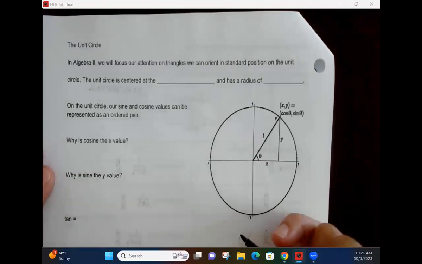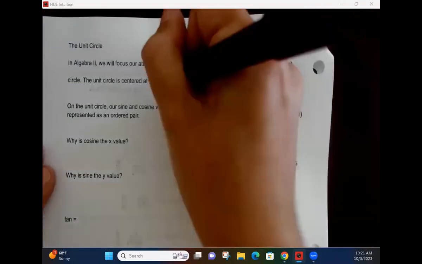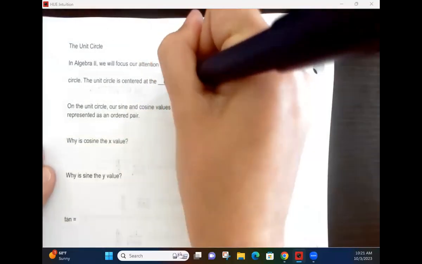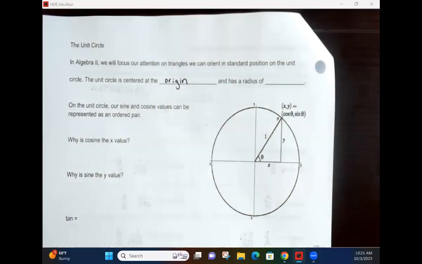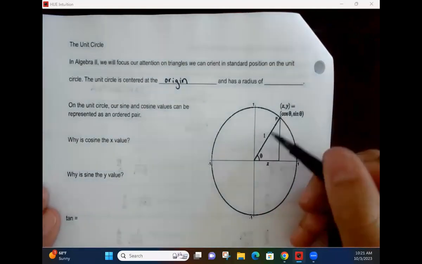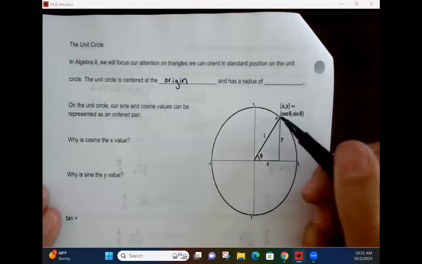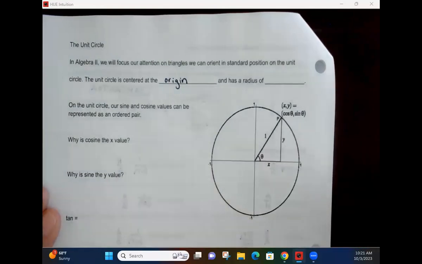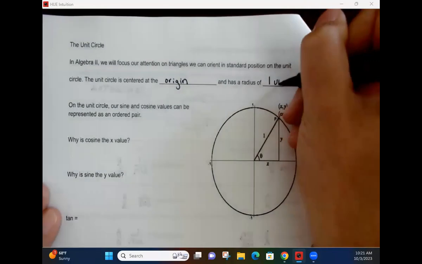This is what we call the unit circle. Okay, the unit circle is centered at the origin. Any triangle that we're looking at is going to be inside the unit circle, and its hypotenuse will be a radius, and the radius of the unit circle is 1 unit.